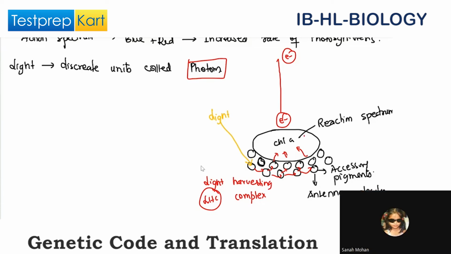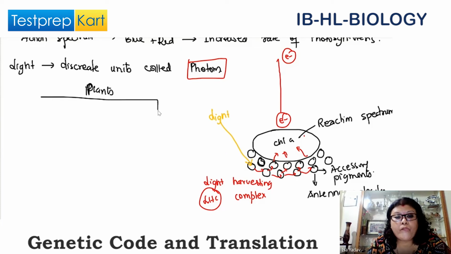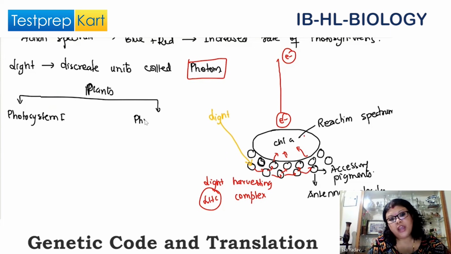So in plants, plants have two photosystems. Plants have how many photosystems? Two. We have photosystem 1 and photosystem 2.